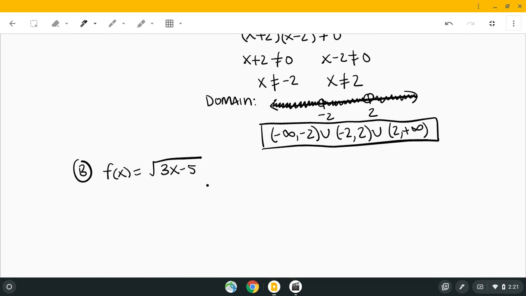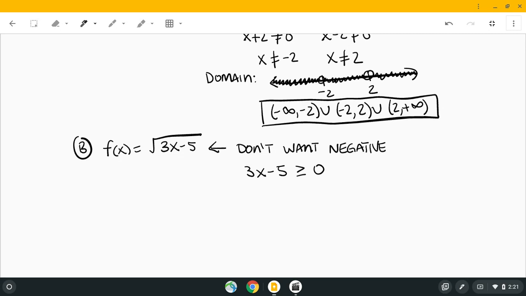So we have x under the square root, and here we don't want this to be negative, because if we have the square root of a negative number, then it is imaginary. Okay. All right, so 3x minus 5, we want it to be 0 or higher, right? So greater than or equal to 0. We don't want it to be less than 0 because less than 0 is negative.